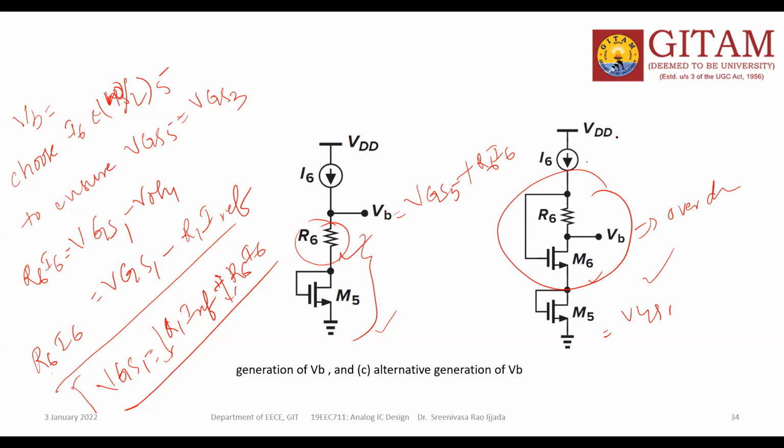Now select the R6 value, I6 value, sorry, and device parameters in such a way that VGS5 is equal to VGS3, and VGS6, the gate to source of the 6 transistor, is equal to this voltage minus I6 R6, which is equal to VGS1 minus R1 into I reference.